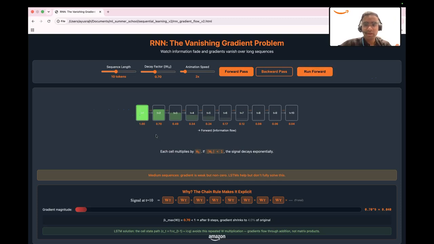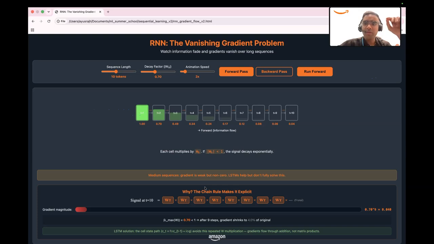Now you can see the information of the token at t equals 1 decays as we embed it for any future time step, and the decay becomes worse the longer the distance to any future time step.